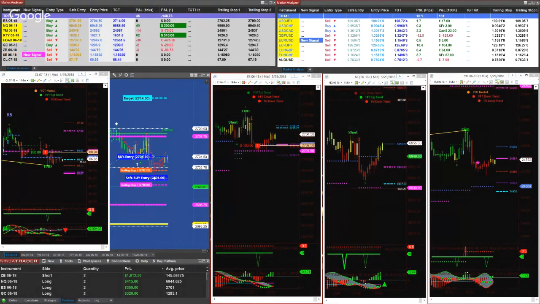We have a new signal on the 6E. The entry, you can see it from the market analyzer, 58.25, target 56.20.